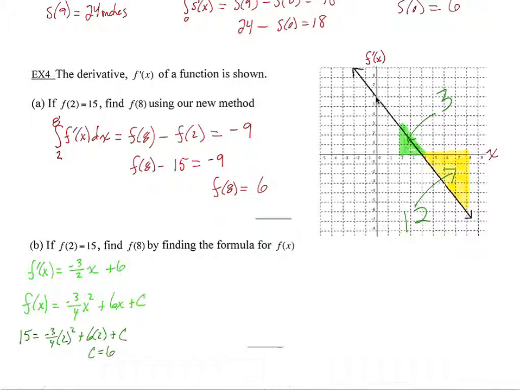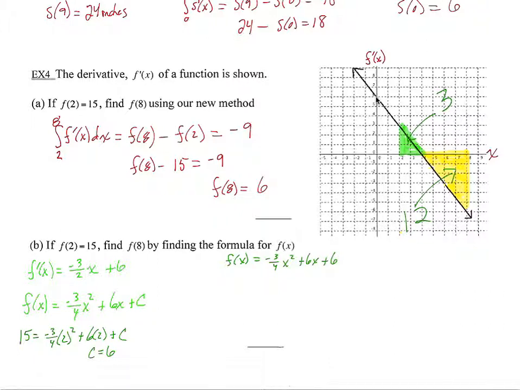And then if c is 6, then we have our equation, right? So our function f of x is -3/4 x squared plus 6x plus 6.